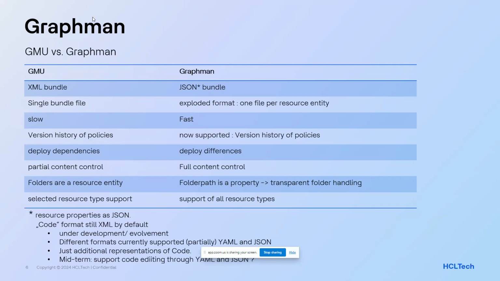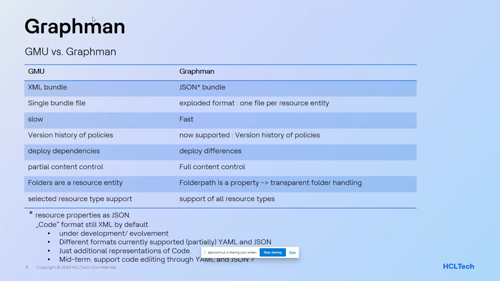Another important difference is how folders are handled. While folders in GMU are an entity on their own, Graphman doesn't handle folders as a separate entity, but it handles folder paths as a property of a service or a policy. That means you have complete transparent folder handling.